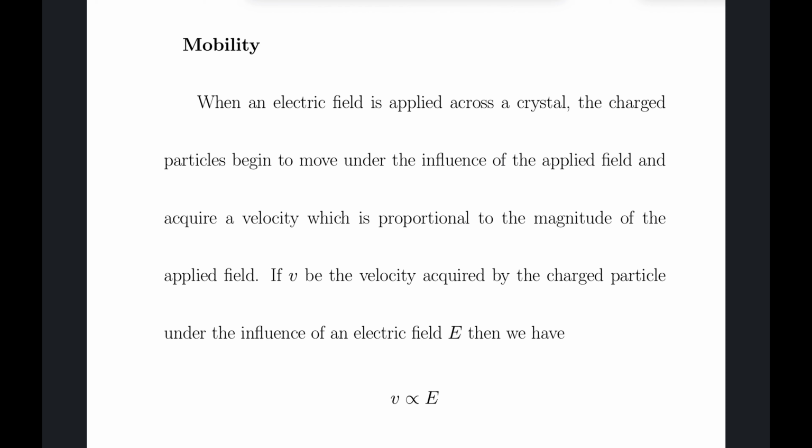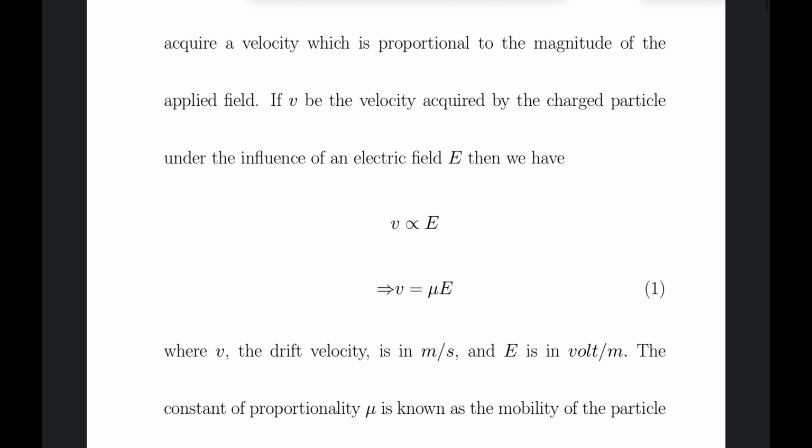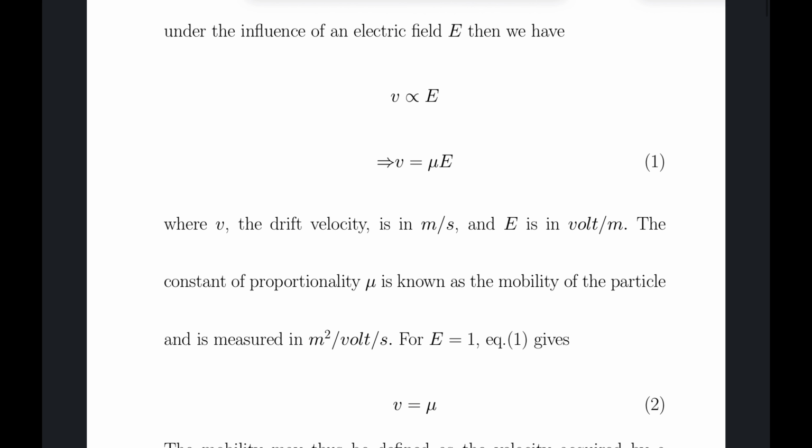If v be the velocity acquired by the charged particle under the influence of an electric field E, then we can write v proportional to E or v equal to mu E, where mu is a constant known as the mobility of charge carriers.